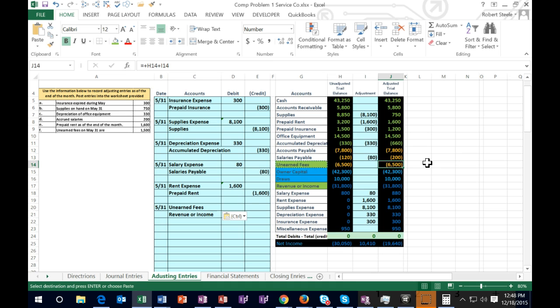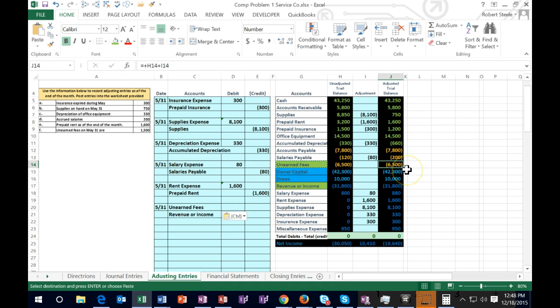In the adjusting process, then we have to say, okay, of that $6,500 that was unearned, that we had not yet done work for, how much had we done work for? And in this case, we're saying that we have $1,500 that should still be unearned, that we have not yet done the work for as of the end of the month, as of the cutoff date.